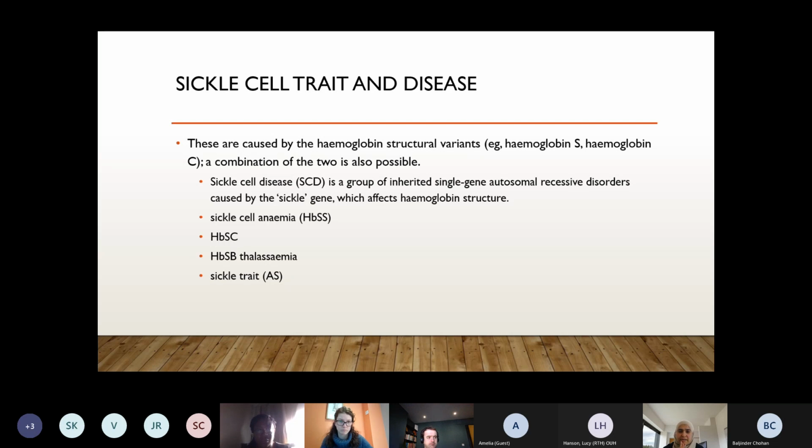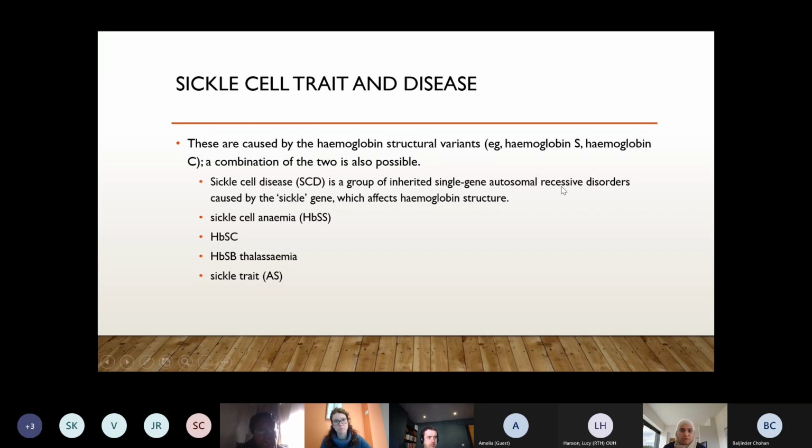But penetrance is variable, and people with the same genetic defect can have different phenotypes: some have severe disease, some intermediate.